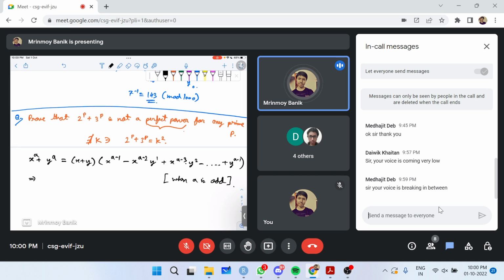So this implies x + y divides x^a + y^a when a is odd.